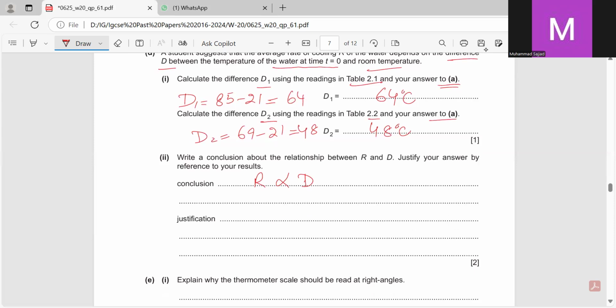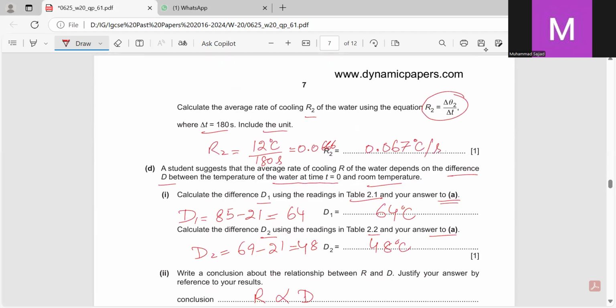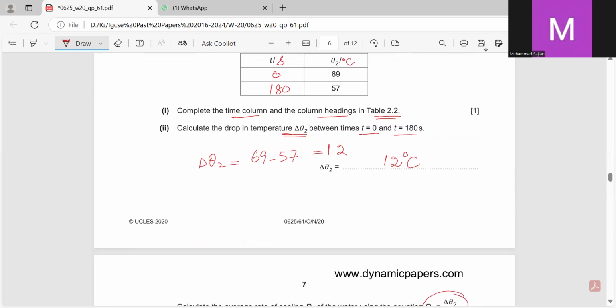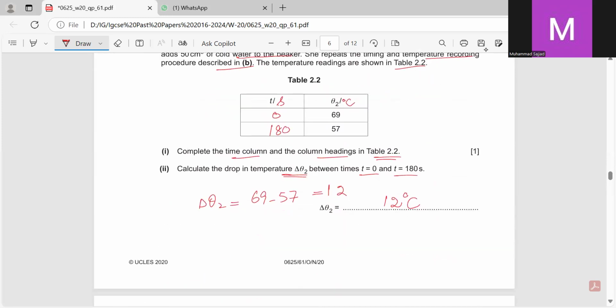Justification, you can say that for D1, R1 is equal to 0.089 degrees Celsius per second. From where am I getting this? See, this is D1 when the initial temperature is 85. So R1 is 0.089 degrees Celsius per second.